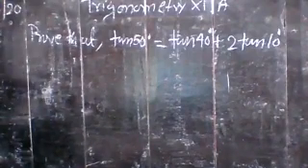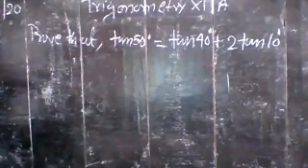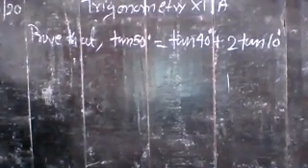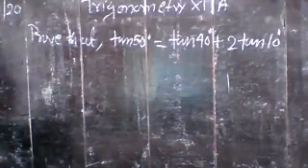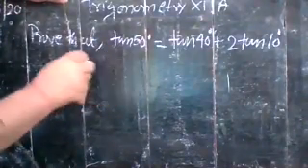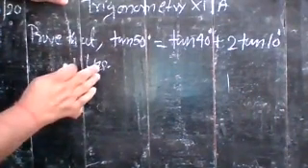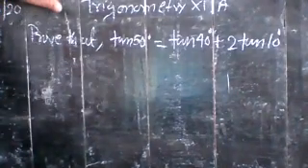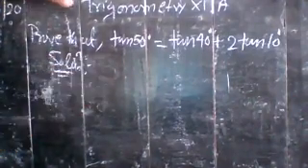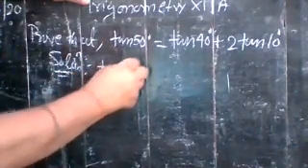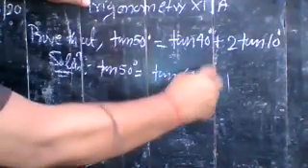Write here the solution. First you take tan 50 degree, and this tan 50 degree can be written as tan of 40 degree plus 10 degree.